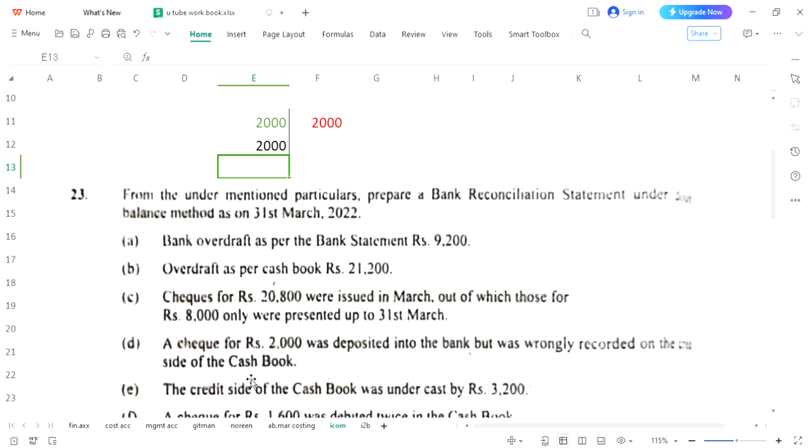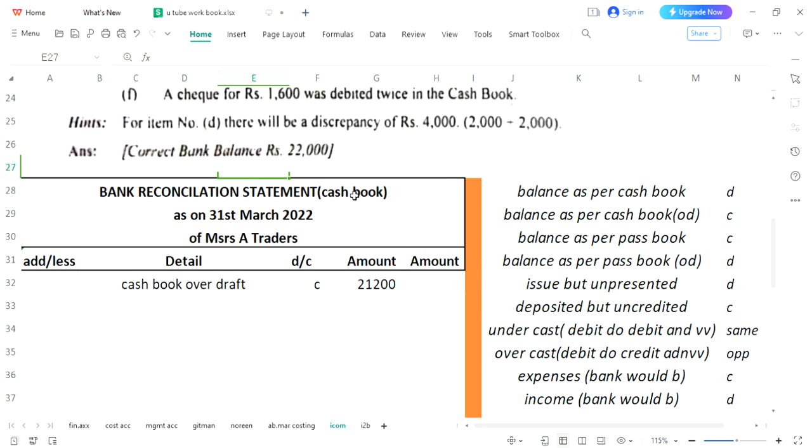Whose mistake is it? It is a cash book mistake. So you will go to the cash book, debit 4000. Here we will have cash book, debit and 4000. Now please see, this hint is also available for item number D, which is this item number. You will write 4000.